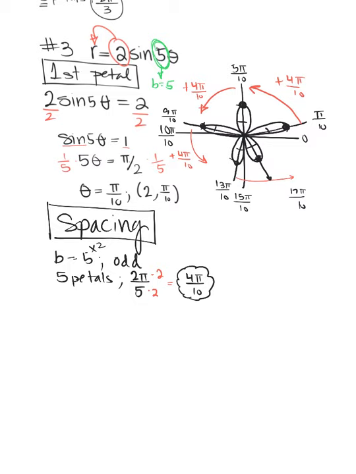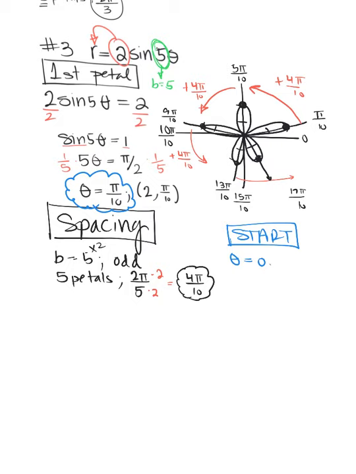All right, so then the last thing I want to do is figure out my start and my stop. So for my start and my stop, which is going to be at the same place, I'm going to figure out what's going to happen at theta equals 0. So I have to actually solve this one, unfortunately, right? Because my first petal was not at 0, but at pi over 10. So then that means I have to solve for it.